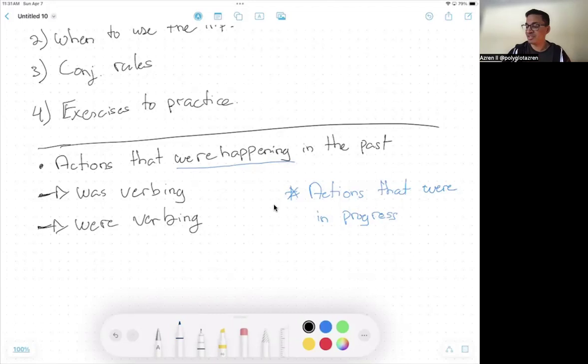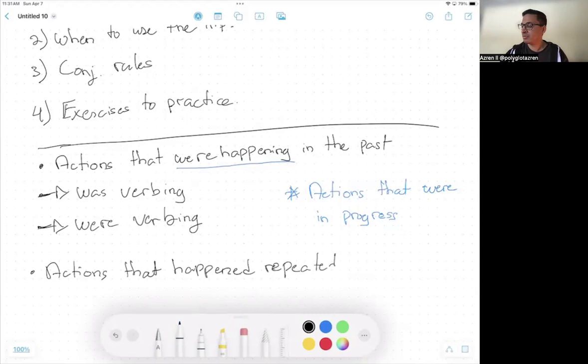Another time we use the imperfect tense in Gujarati is for actions that happened repeatedly in the past. Actions that happened repeatedly in the past.